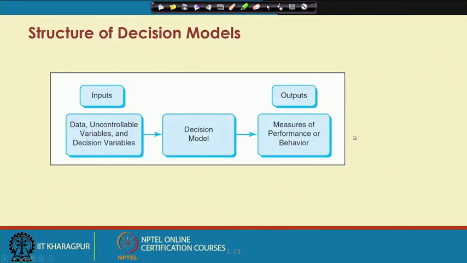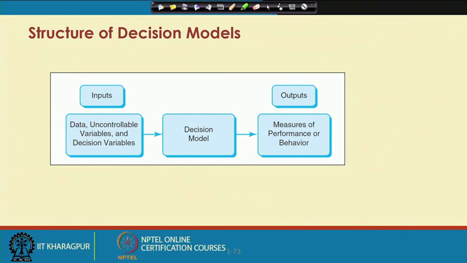So, the typical structure is like this. What we have mentioned earlier is that in decision models we have two parts: one is called the input side, another is called the output side. If you link them, it is the game between dependent variables and independent variables. Output is nothing but the dependent variables, which can predict or measure the performance and the behavior.